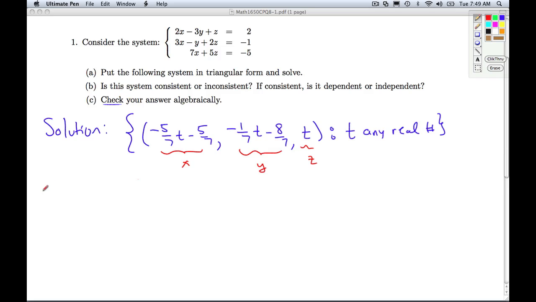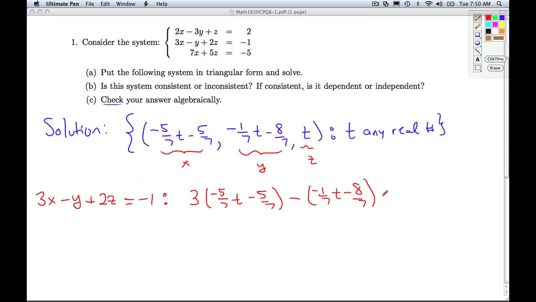Alright, now we check it in the second equation. 3x minus y plus 2z equals negative 1. So 3 times the x minus the y plus the 2z. Does in fact that equal negative 1? Distribute the 3 through, I get negative 15/7 t minus 15/7. Distribute the negative 1 through, I get plus 1/7 t plus 8/7 plus 2t.